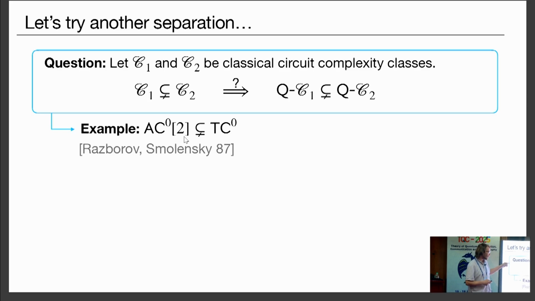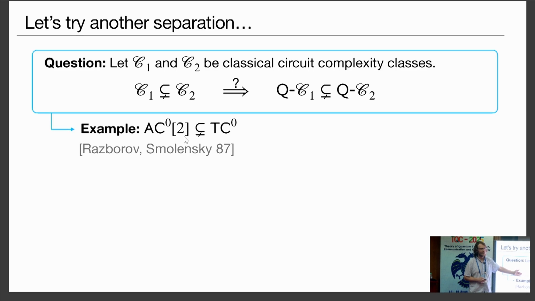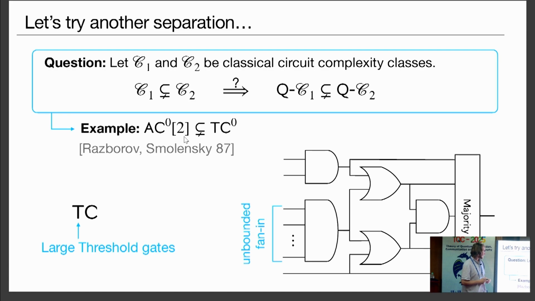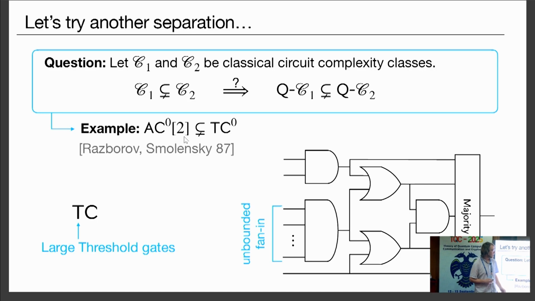So let's return to our story about which classical results can be ported over to the quantum setting. Another example is that AC0[2] is strictly contained in TC0. Let me define what this is. We just saw what AC0[2] was. TC0 is what happens if we take, say, AC0 and allow it to also have majority gates anywhere in the circuit.